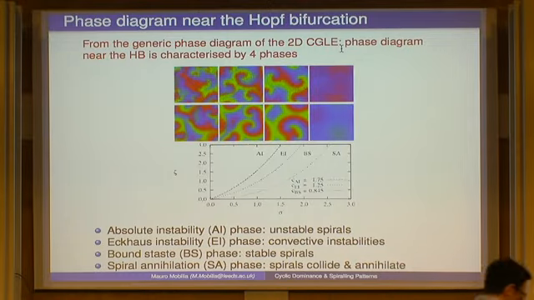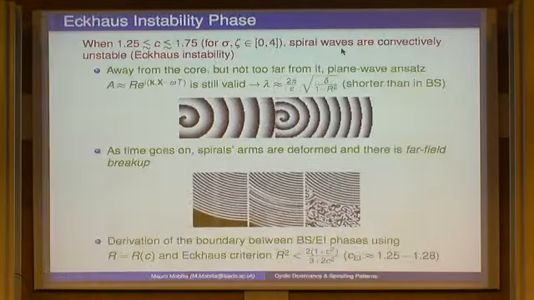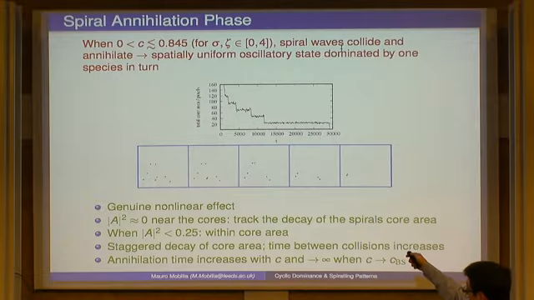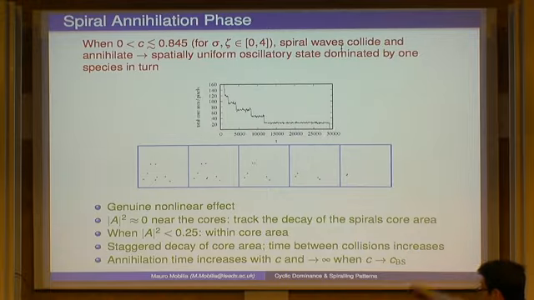So what I'm showing you in this diagram is that the time depends a lot on this value of c, right? When you approach that value, which is 0.8, the time is very large. Here I think c is 0.4, here it should be 0.1. And it tends to infinity when we approach the boundary of the bound state.